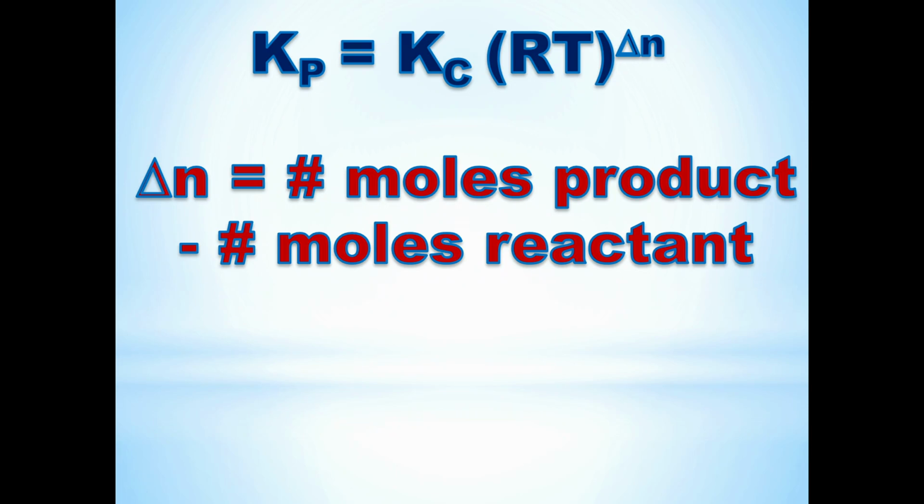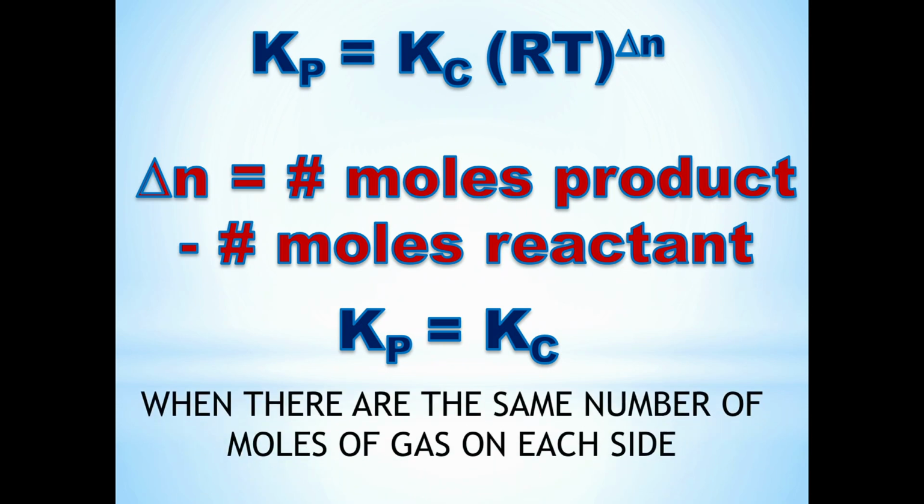So if I have more product than I have reactant, Kp should be bigger. If I have less product than reactants, Kp should be smaller. Kp equals Kc when the same number of moles is present on both sides of the reaction.